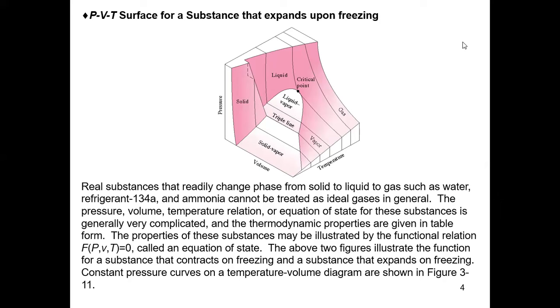The pressure-volume-temperature relation or equation of state for these substances is generally very complicated, and thermodynamic properties are given in table form. The properties of these substances may be illustrated by the functional relationship between pressure, volume, and temperature. And when this functional value is zero, it's an equation of state.